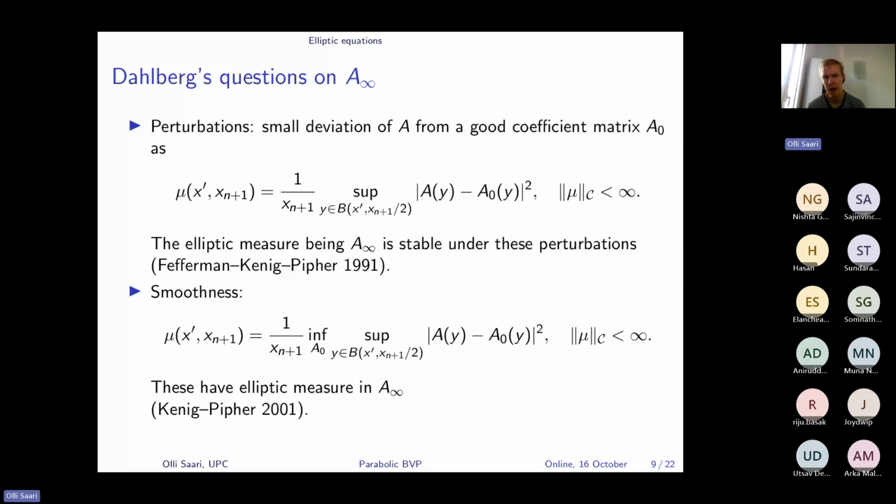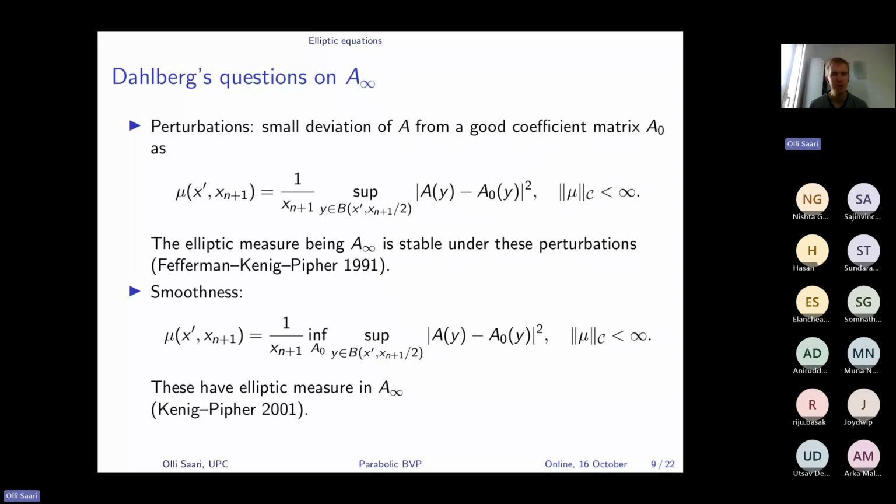So he asked that if my matrix is such that inside each Whitney region I can compute the oscillation, and this oscillation gives rise to a Carleson measure, then the elliptic measure should be in A infinity. This was his question, and again it was answered in the positive, this time by Kenig and Pipher in 2001.